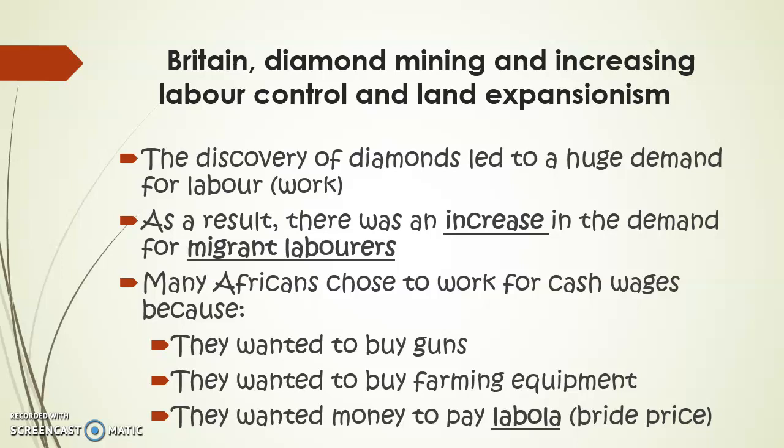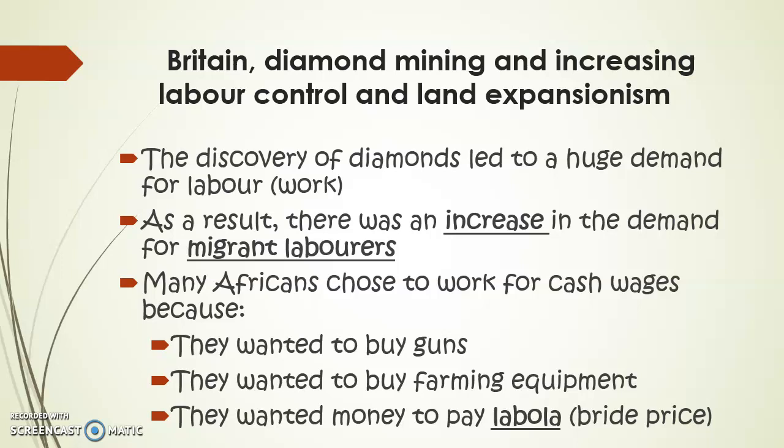So you'll see that why would many Africans choose to work for cash wages? Because you'll remember that in African society at this time, money wasn't really a big thing. Most people bartered, which means they traded with each other, or they gave cattle for something valuable, or whatever the case would be, they wouldn't really work for cash.